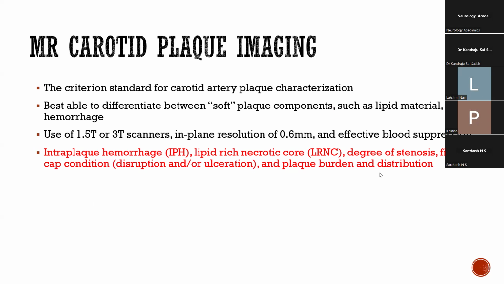We can find out the intraplaque hemorrhage, lipid-rich necrotic core, degree of stenosis, fibrous cap condition, that is disruption and ulceration, as well as the plaque burden and distribution in MR carotid plaque imaging.